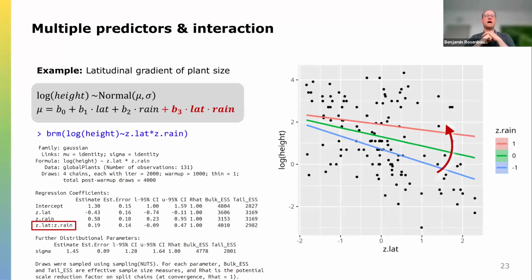Or rather, I allow some more freedom in the model for them to be not parallel and to actually increase or decrease in slope. And this is what this third parameter says: how much the slope in latitude changes while changing rainfall, or the other way around.